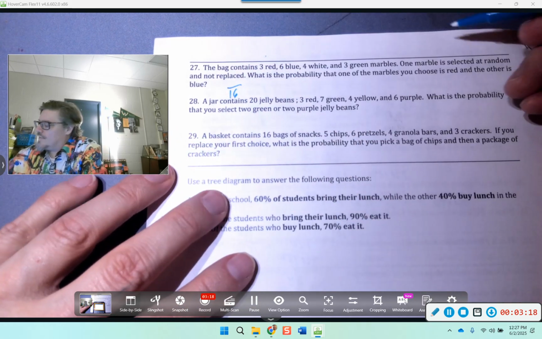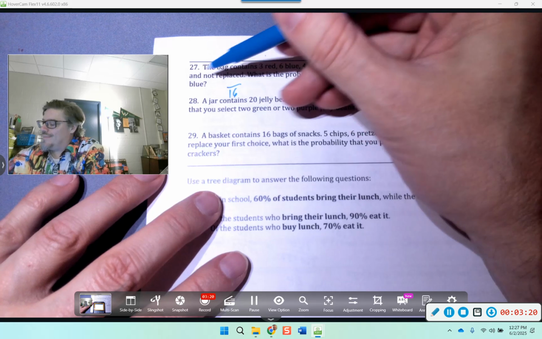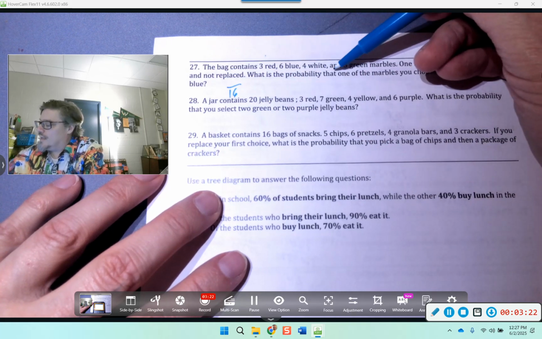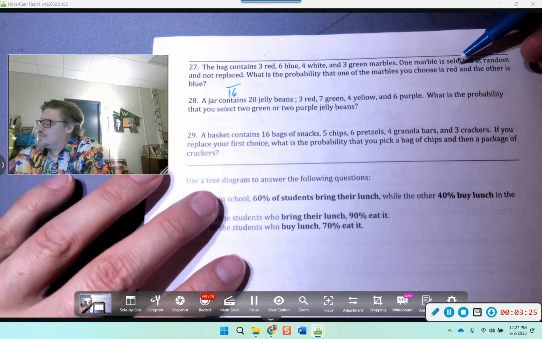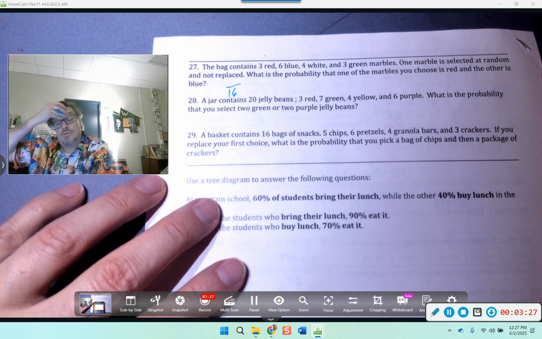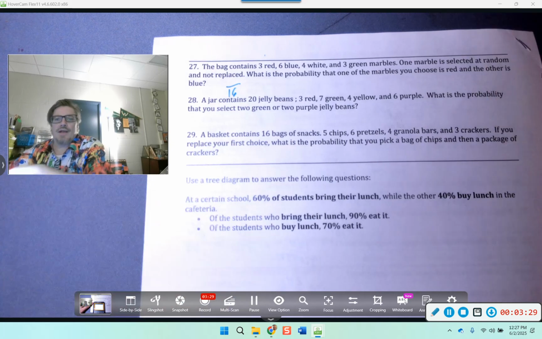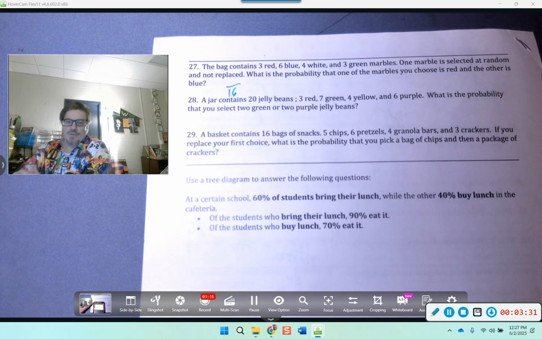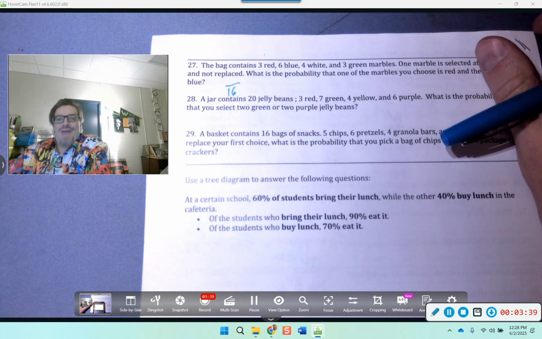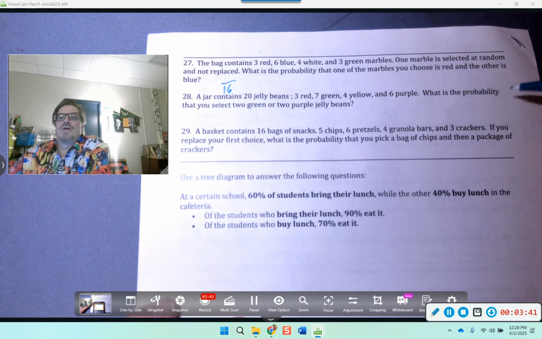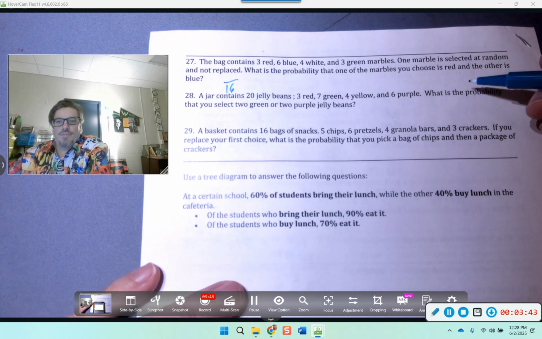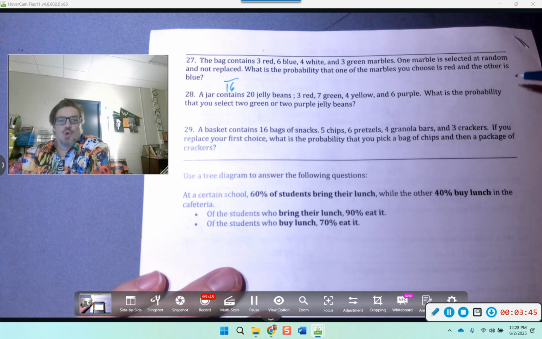All right, let's see what happens. One marble is selected at random and not replaced. What is the probability that one of the marbles you choose is red and the other is blue? Okay, so remember, we have to do two different situations here. We have to make sure that we add the probability of getting a red out of the first group, and then blue out of the second.